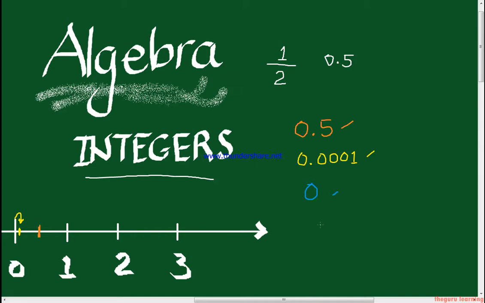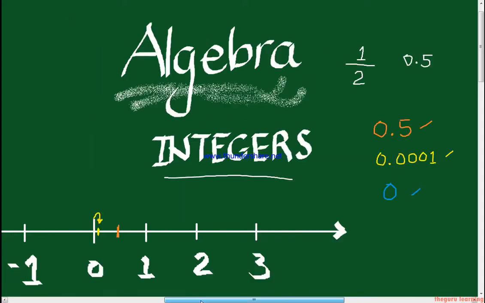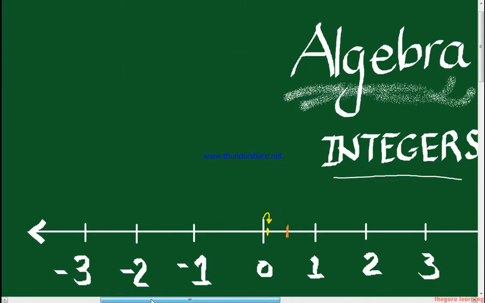And lastly, 0 is always equal to 0. But with integers and the real number theory, we are to discuss these numbers. These are called negative numbers because they are less than 0.